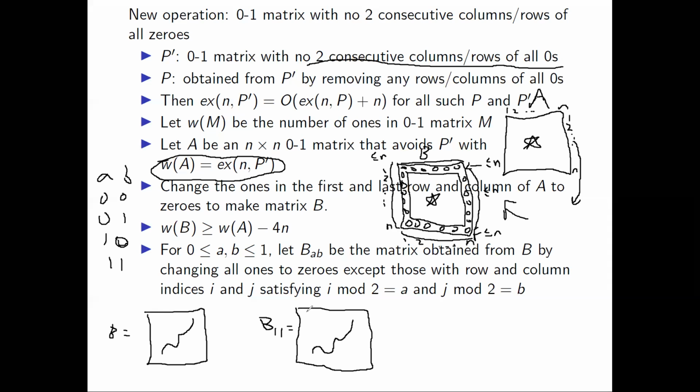Okay. So B11, if we take that picture of the B matrix we have over there, to get the B11, we're going to keep this column as is, then keep the third column as is, keep the fifth column as is, and the seventh column as is.